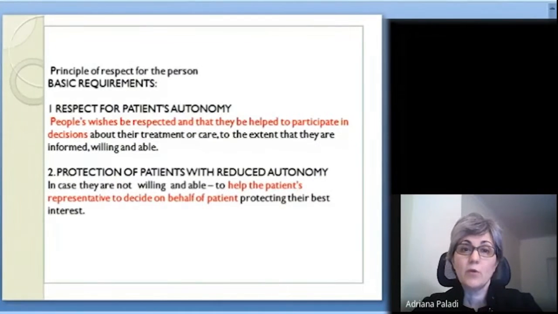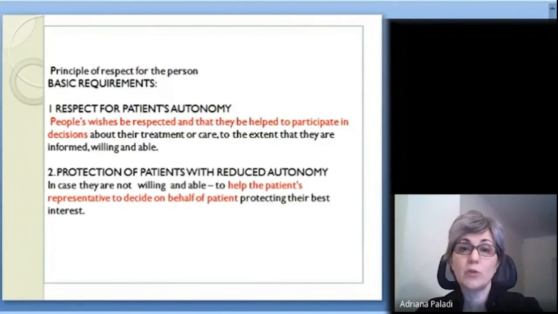The principle of respect for person consists of two basic requirements. The first one is respect for patient autonomy. This requirement implies people's wishes be respected and that they be helped to participate in decisions about their treatment or care to the extent they are informed, willing, and able.